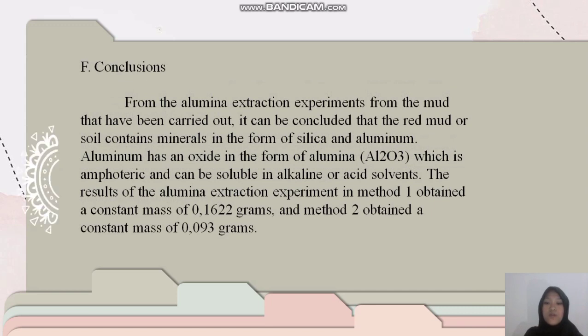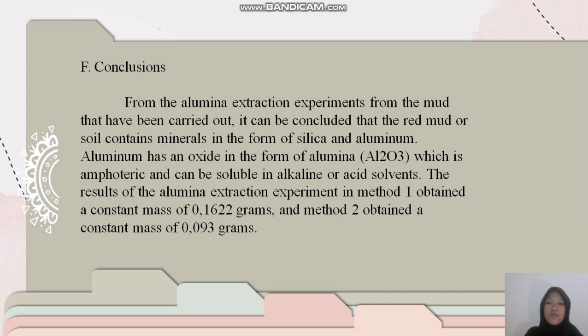Conclusion from the alumina extraction experiment from mud. Red mud contains minerals in the form of silica and alumina. Alumina is an oxide that is amphoteric and can dissolve in alkali or acid solvents.